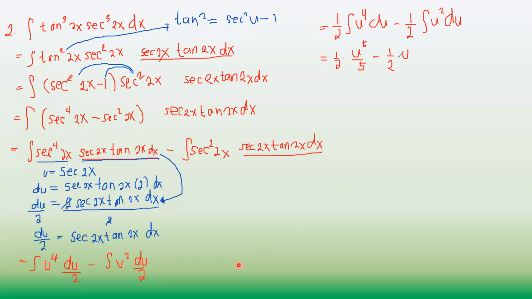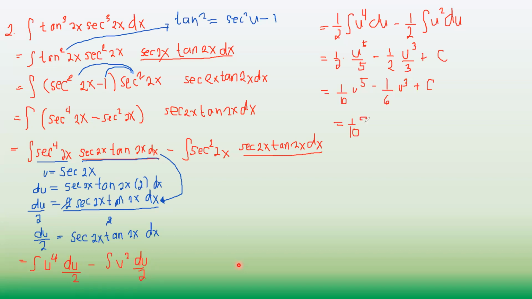So we have 2 plus 1 over 2 plus 1, plus c. Or we have 1 over 10. Diba? Ito ay 2 times 5 of u raised to 5 minus 2 times 3 is 6. So we have 1 over 6 of u cube plus c.